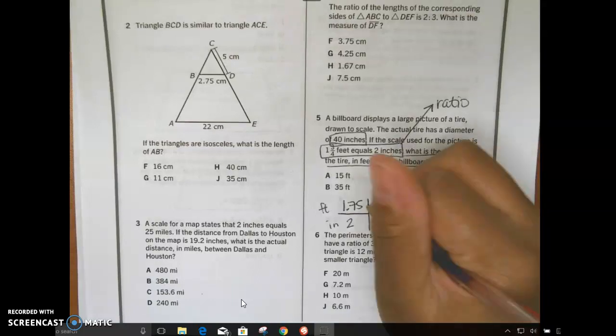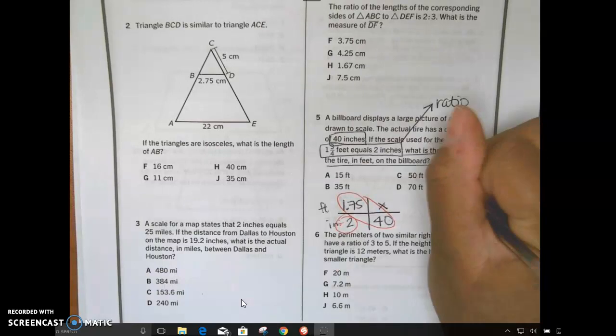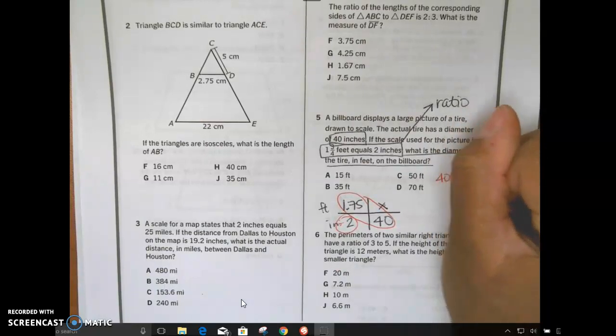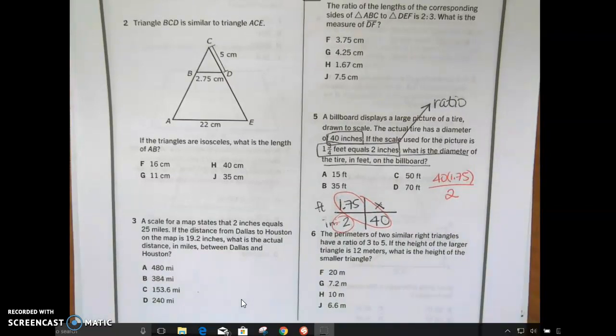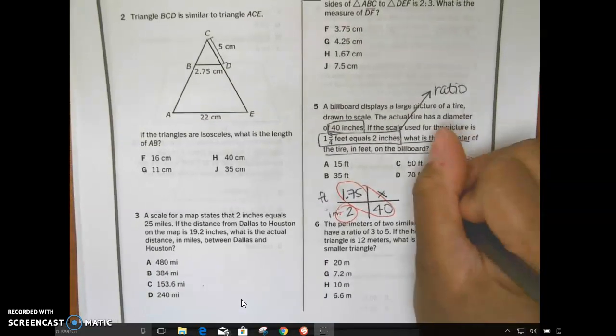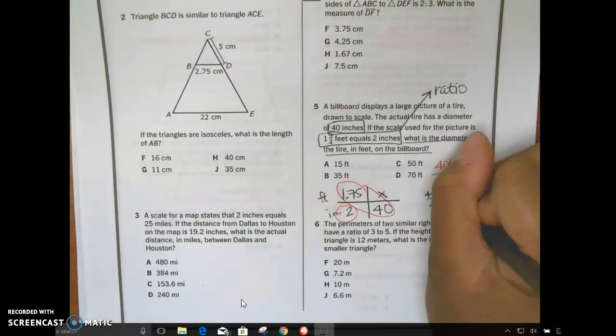40 times divided by... how can I simplify this before I divide? Let me break it down. This is technically 40 over 2 times 1.75.